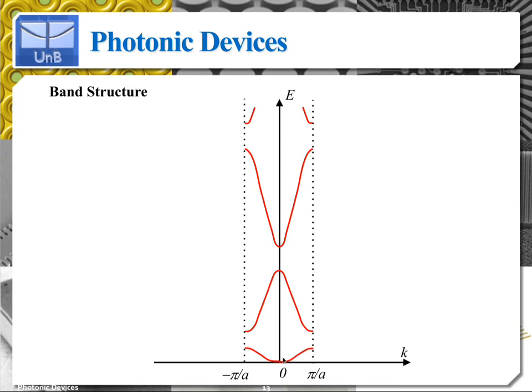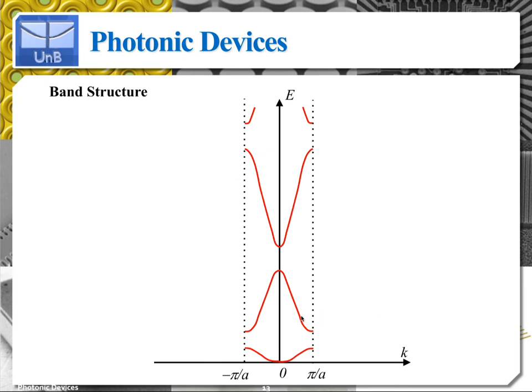Since for a one-dimensional lattice, one period corresponds to 2 pi over a, you would typically show the band structure with k ranging from minus pi over a to pi over a only. So all the information is here. If you repeat this over to either side many times, you will get the periodic zone picture, but it would have redundant information.